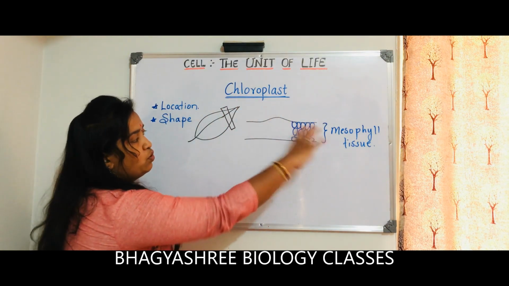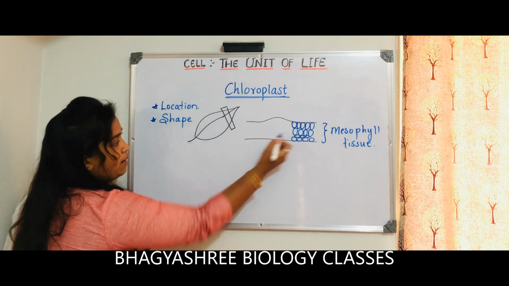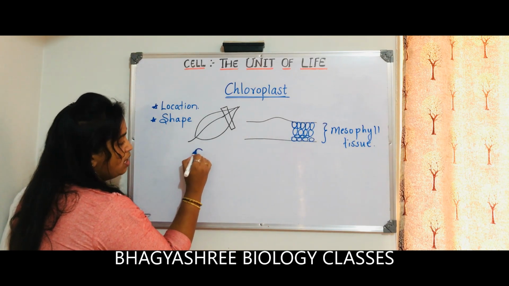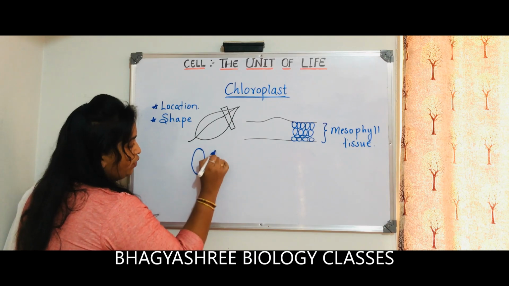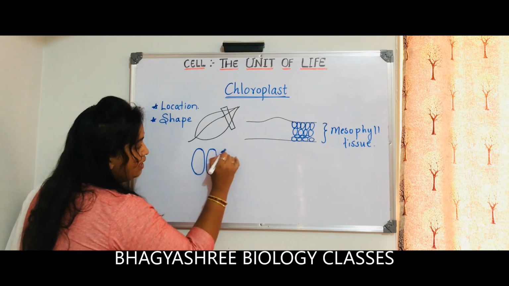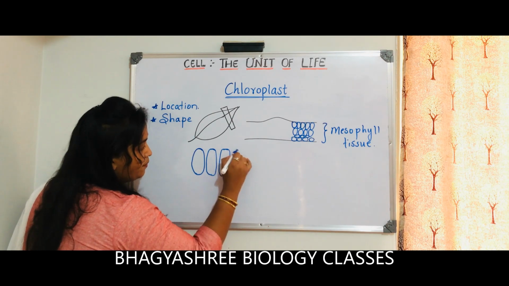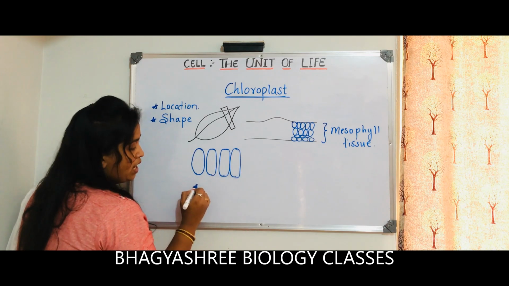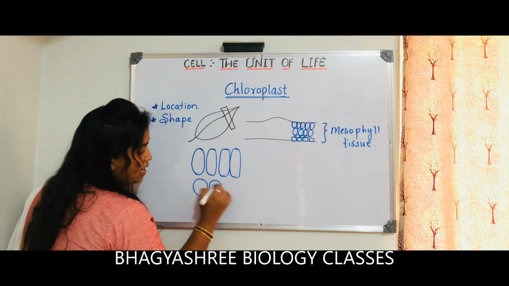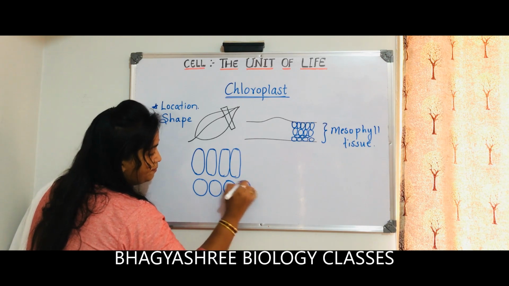If you zoom in on this structure, you can see the palisade chlorenchyma cells like this, and these are the spongy chlorenchyma cells.